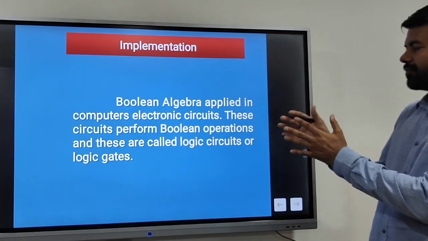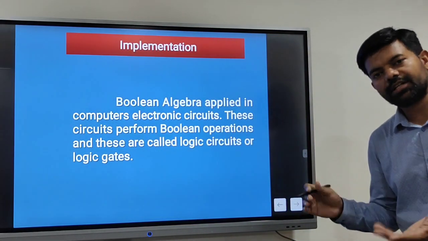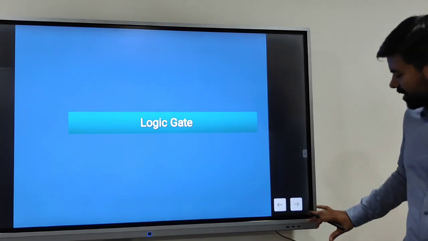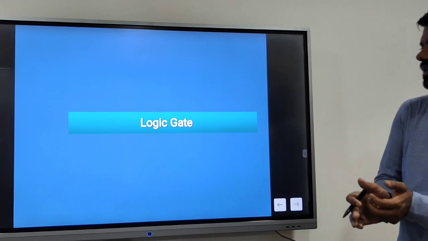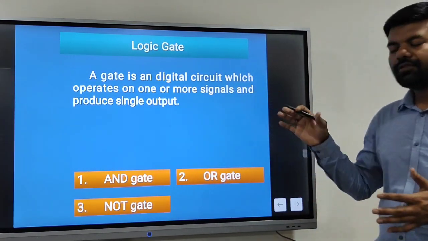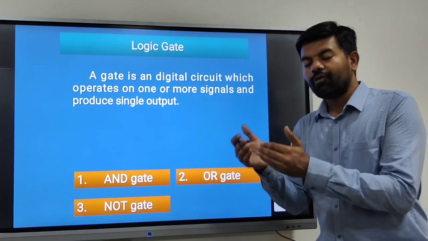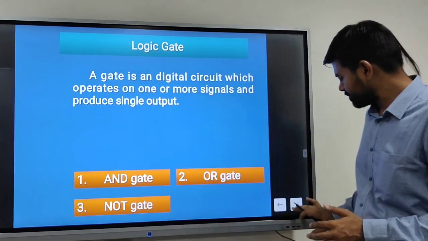These circuits perform Boolean operations, and they are called logic circuits and logic gates. These are the logic gates. We have three basic logic gates. A gate in a digital circuit operates on one or more signals and produces a signal output.